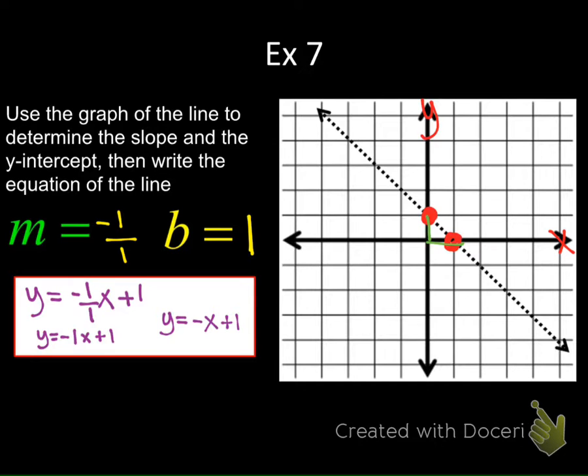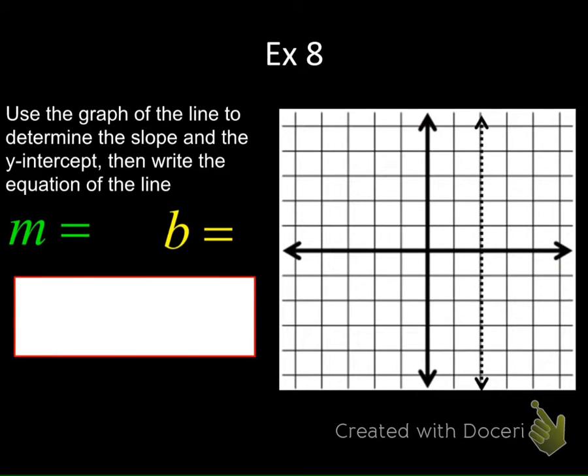All right, example number 8, last one. Okay, so you're right, this line is undefined, but we still have to write it in slope-intercept form. We can't just put y equals undefined. So the first thing that we're going to look at here, does this line cross our y-axis in any way? No. So what's our y-intercept going to be? 0. Now, what's the slope of this line, though? So again, you can find lattice points all the way down, right?